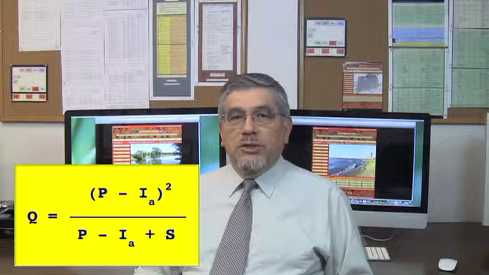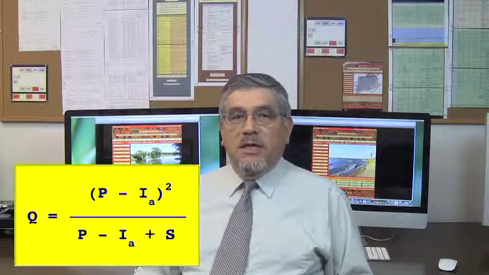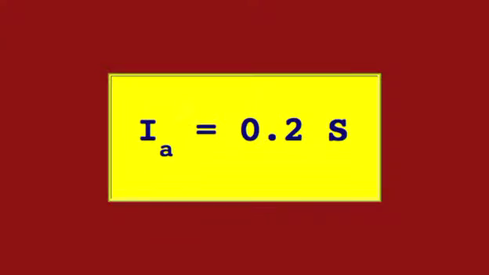This equation has two parameters, S and I sub A. To simplify the equation and enhance its practical utility, NRCS expressed the initial abstraction as a function of the potential retention as follows. This equation was developed based on rainfall runoff data from small experimental watersheds.